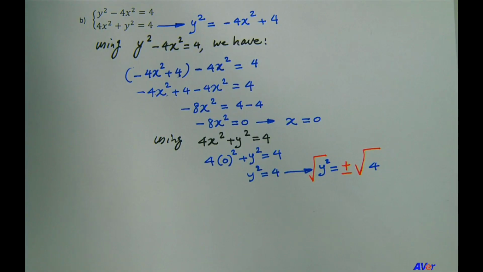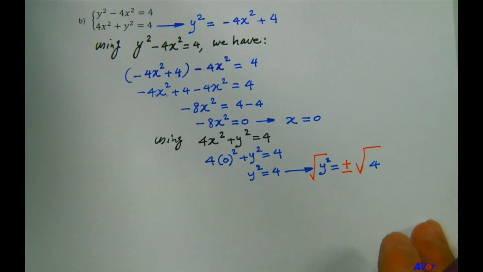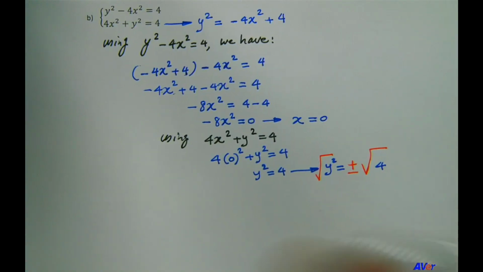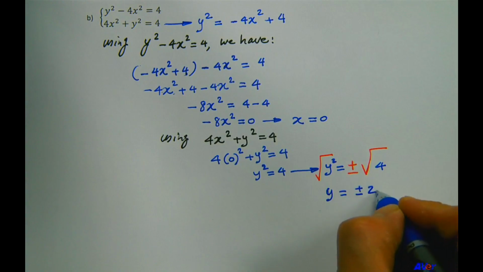If it represents a distance, then we accept just the positive and we disregard the negative, only if that number represents a distance. But in this case, it does not represent a distance. So we have y equals plus or minus 2.